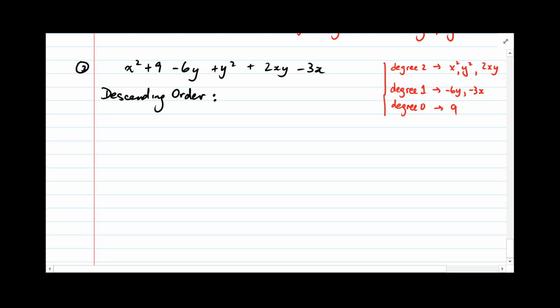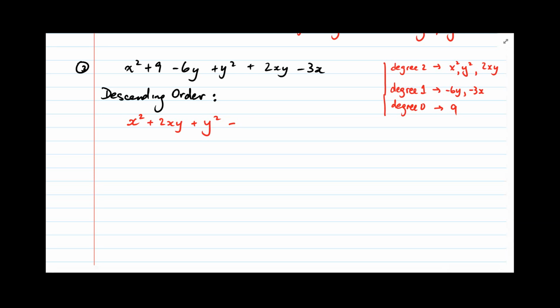So when we have terms that have the same degree, we have to put them in lexicographic order, or dictionary order. So as I go through, I would have x squared, xx, highest degree, I'm doing descending, so highest to lowest power. So x squared plus 2xy plus y squared, right? And then for the degree 1 terms, I have both negative 3x and negative 6y.